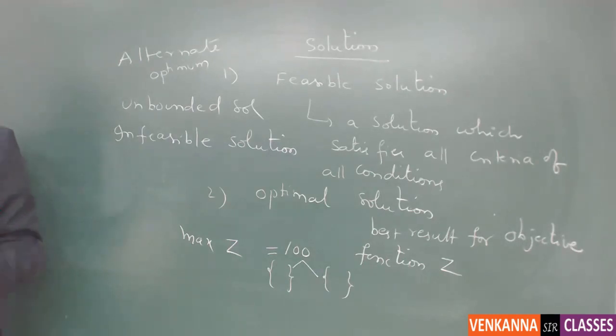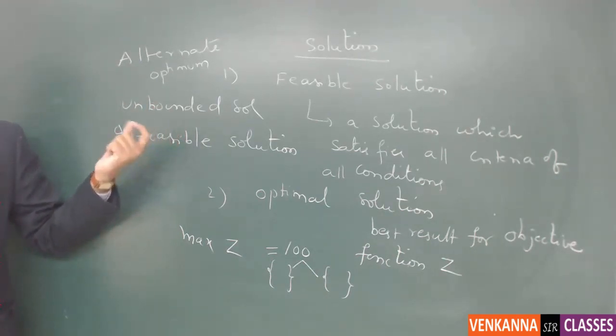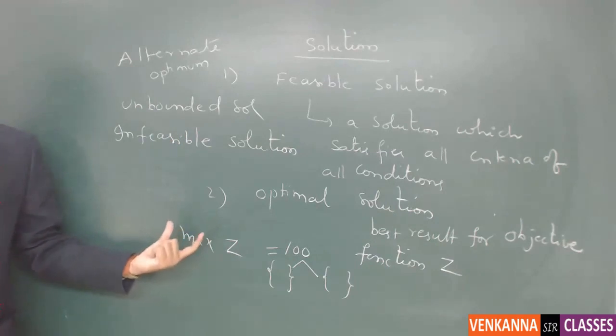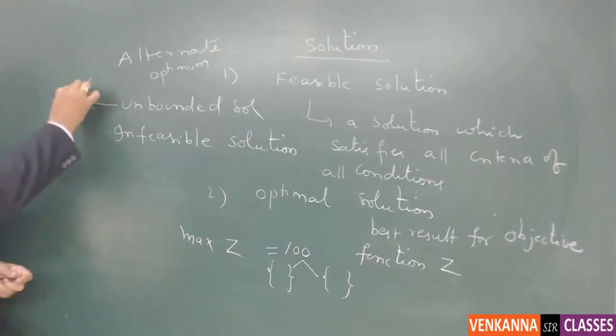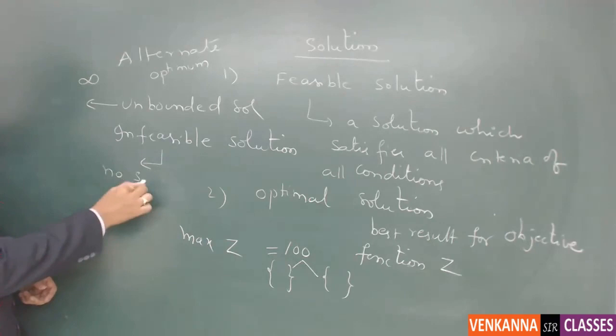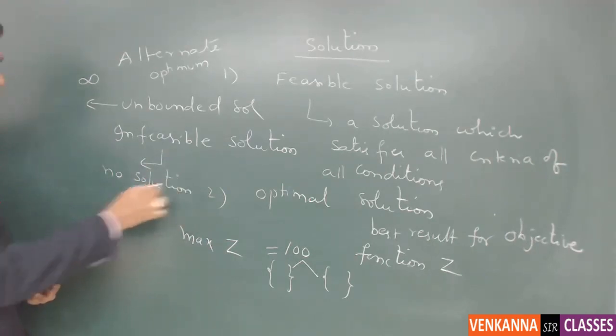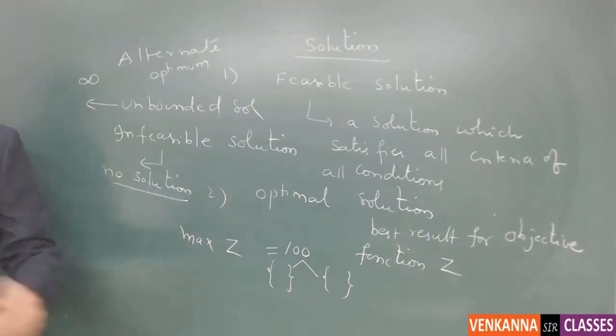Unbounded solution means in some situations, even though we are maximizing z, you can get the z value as infinite; it has a possibility of unboundedness. And infeasible solution means no solution: you cannot find a set of values of x, y, z which satisfies all the criteria of the conditions.